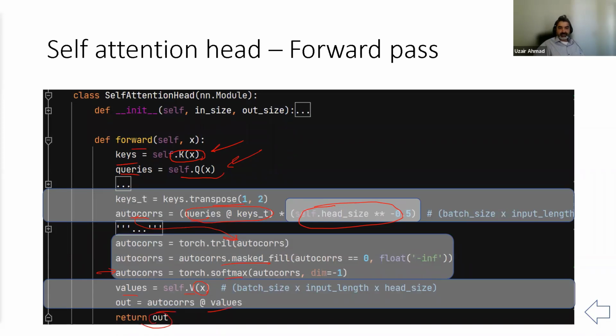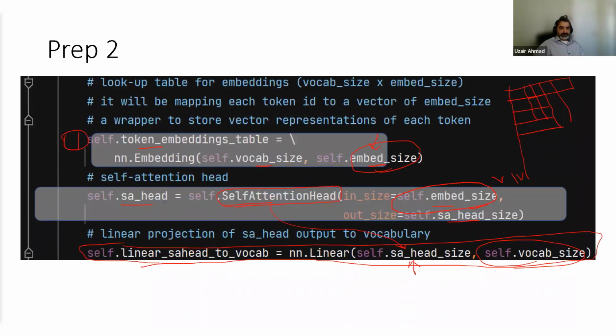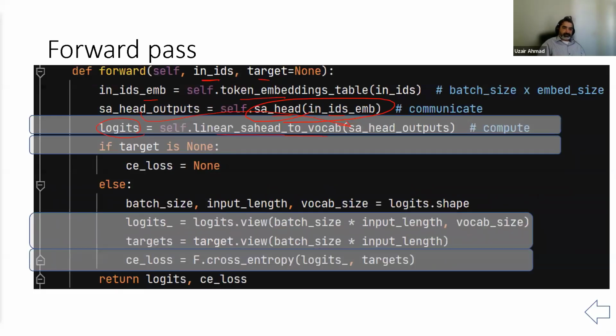We called this forward function through the fit method, when we were fitting the model. So here, when we are fitting the model, we call forward, supplying inputs and targets.